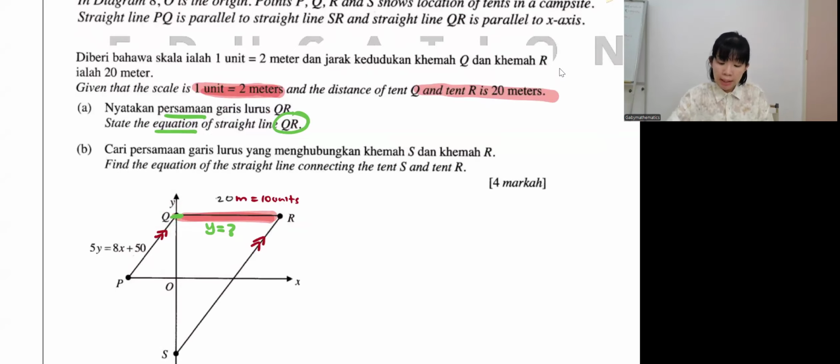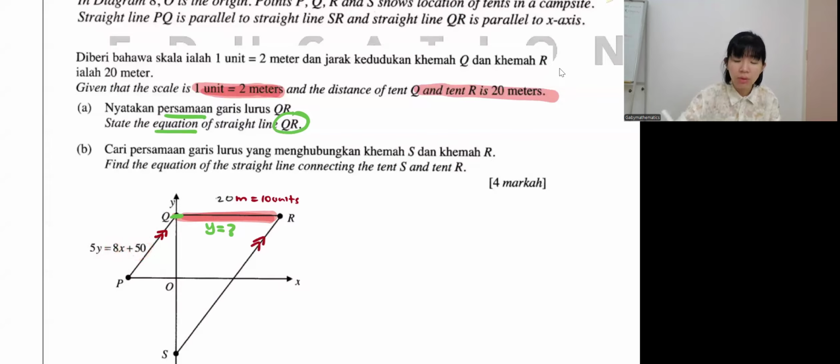So they give us another equation here: 5y equals 8x plus 50. Q is actually the y-intercept of this line, the c. Can we say c is 50? First, is this even in y equals mx plus c? The equation is not arranged in y equals mx plus c, so you can't say that the gradient is 8 and c is 50.